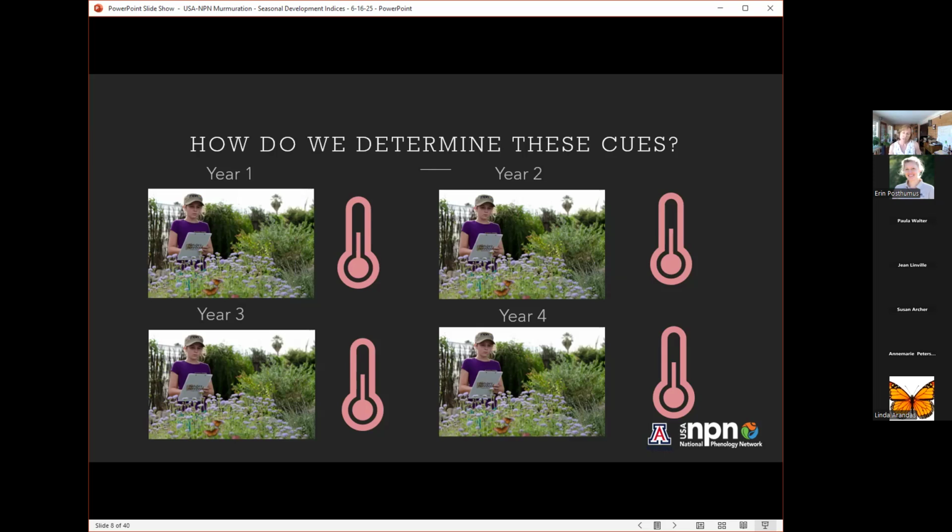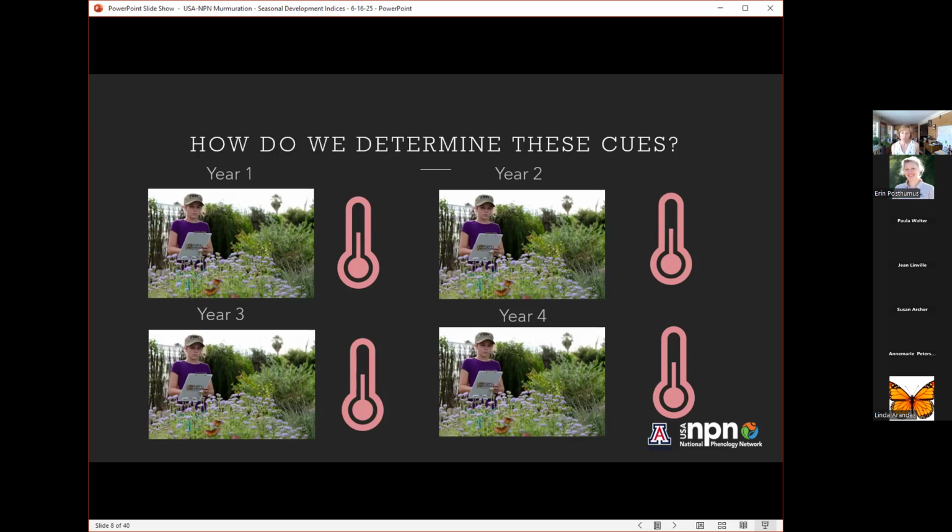But what we usually need is more than one observation. We either need multiple observations of that event at a single location in many years, which is the kind of example that I'm illustrating here. Or another way that we can go about this is the same event logged at many different locations across, say, the country or an area in a year or two.